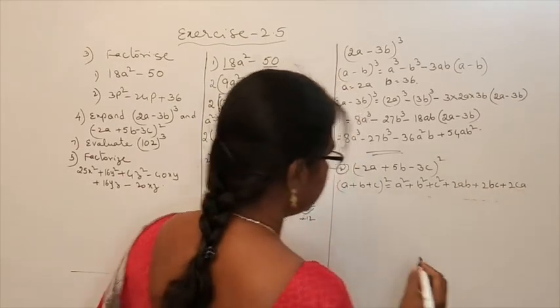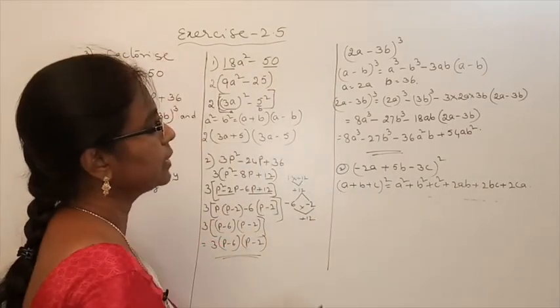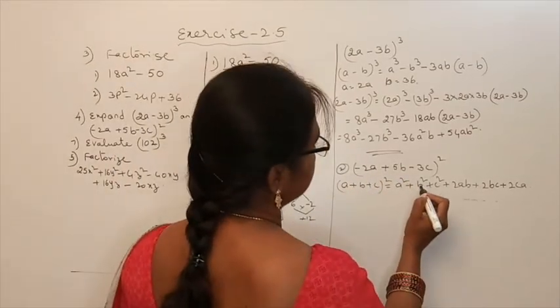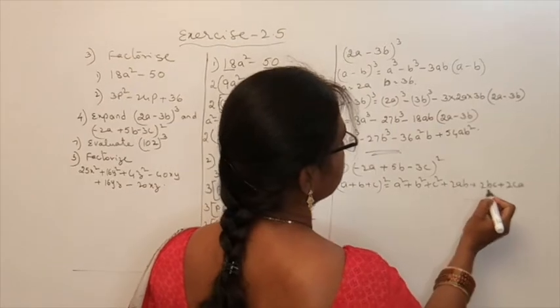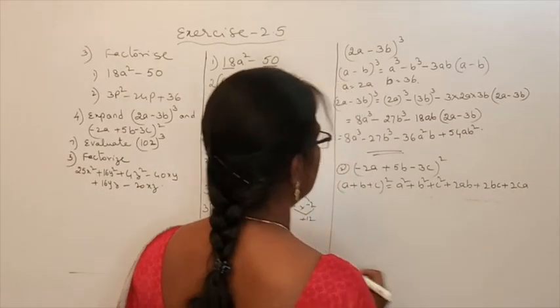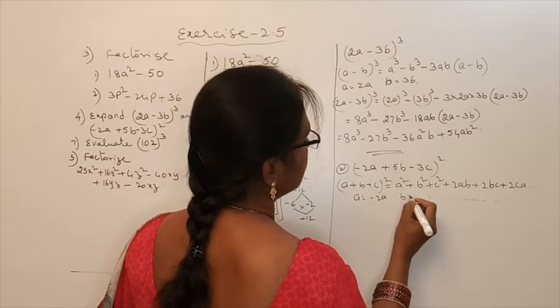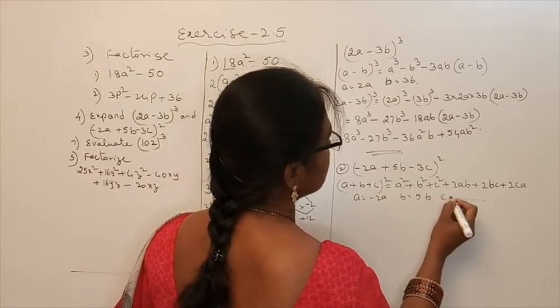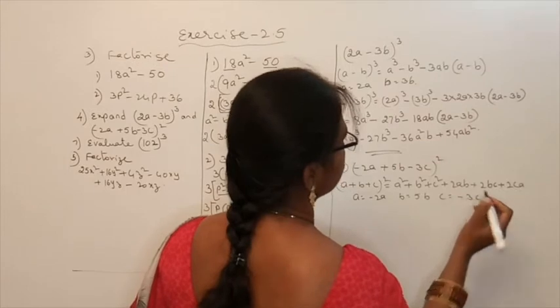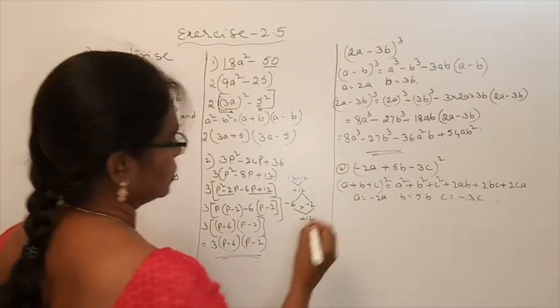a plus b plus c whole square is equal to a square plus b square plus c square plus 2ab plus 2bc plus 2ca. Now a is equal to minus 2a, b is equal to 5b, c is equal to minus 3c. Now you have to substitute.